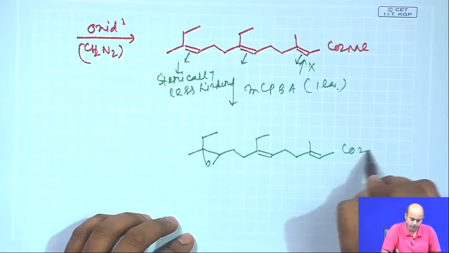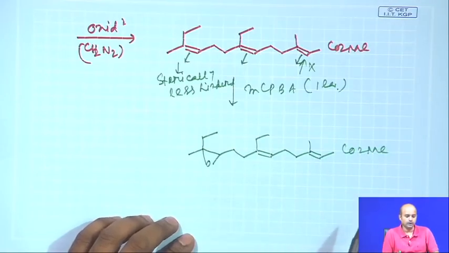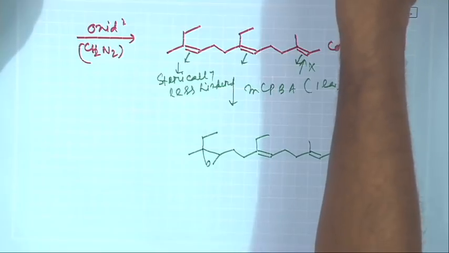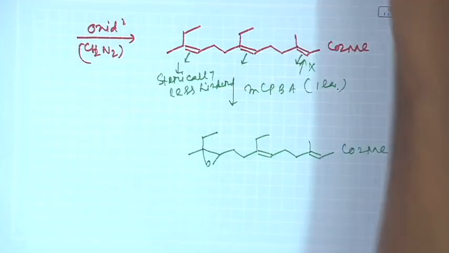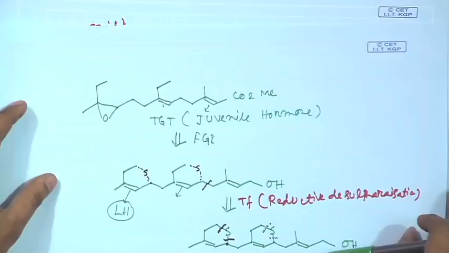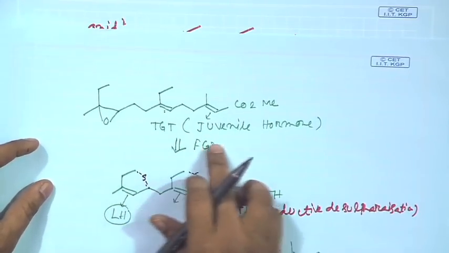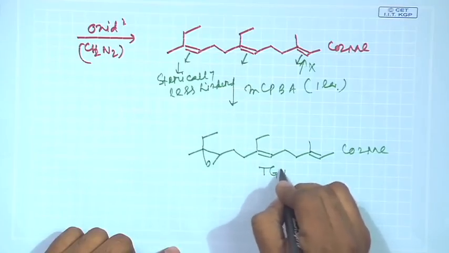So, this is your final product, the target molecule which we have earlier shown. So, this entire pathway basically gives you the juvenile hormone, which was the main target molecule. So, this is the target which has been achieved.